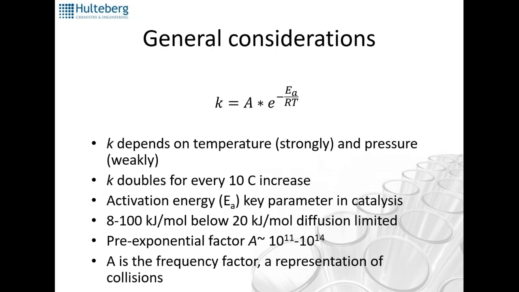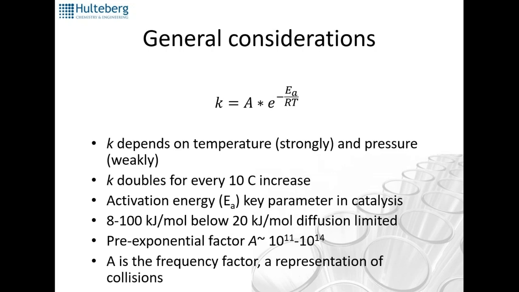And if you have measured your activation energy, it'll most likely be somewhere between 8 and 100 kilojoules per mole. And if it's below 20 kilojoules per mole, it's not likely to be limited by chemical reaction. It's rather limited by other things like transport of reactants to the catalyst surface.